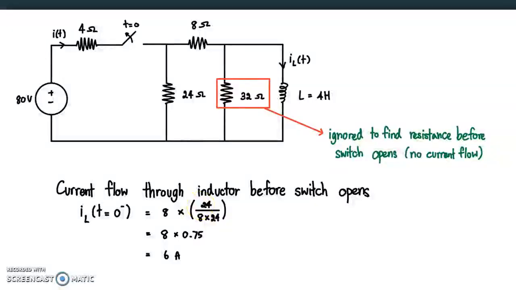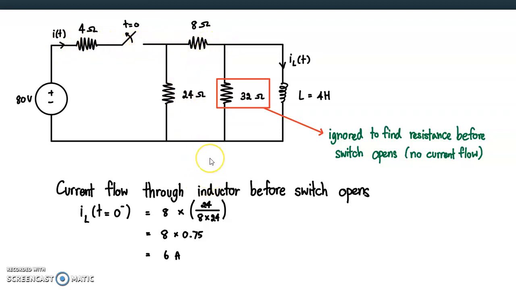Once we obtain the current flow from the voltage source, that is 8 amp, now we have to find the current flow through this 8 ohm resistor, that is iL, again when time is less than 0. We can use the current division formula to find the current flow.